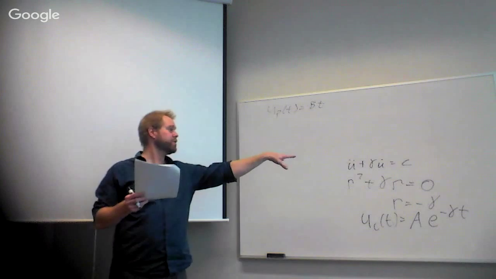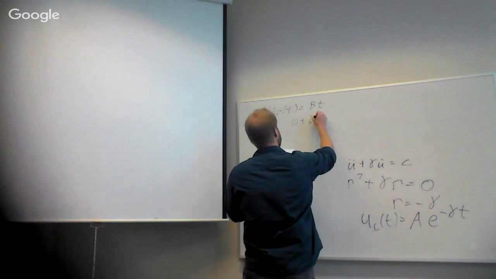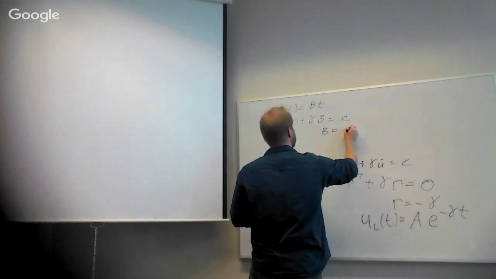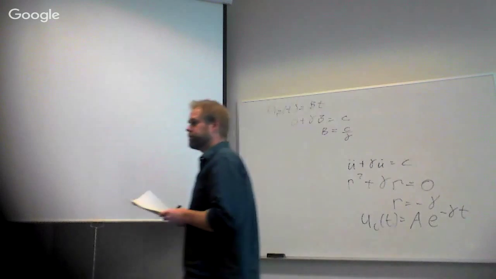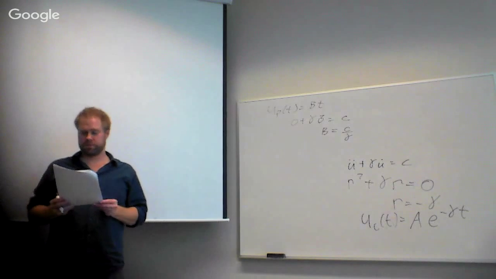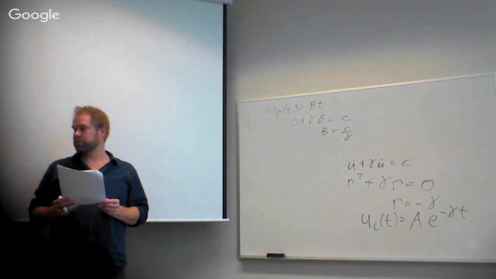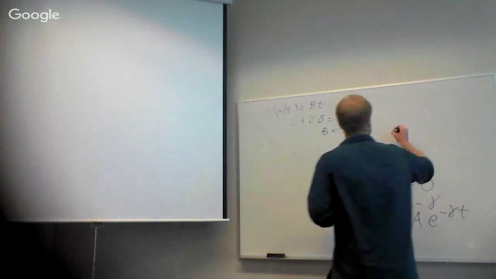And if we pop that into our differential equation, what do we get? We get 0 plus gamma b equals c. And so we can solve that b is equal to c over gamma.